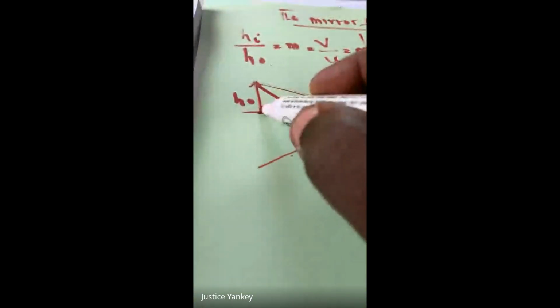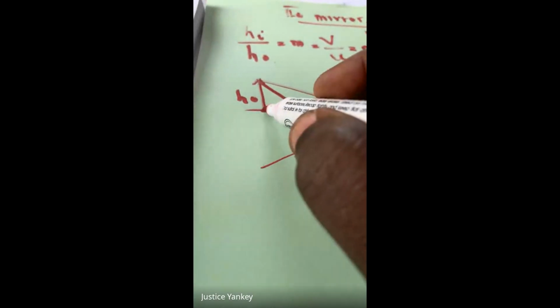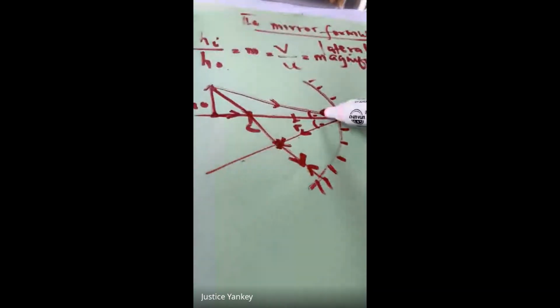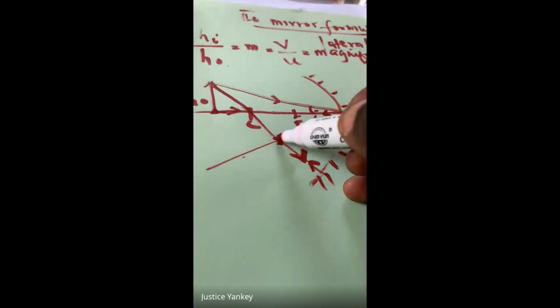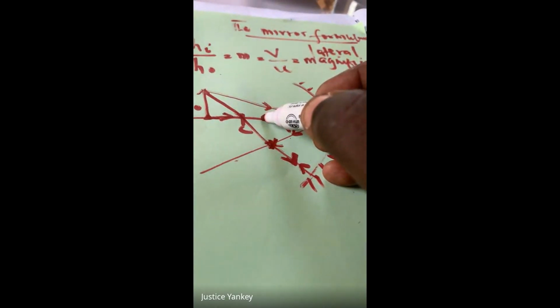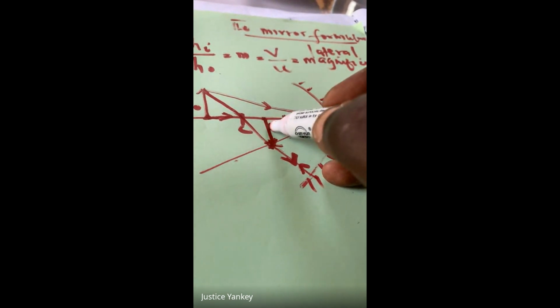Another ray from the leg of the object goes through C this way, and it's reflected backwards. Since the head is formed here, the leg is formed there, and we have an image turned upside down like that. An inverted real image, an image turned upside down but real.